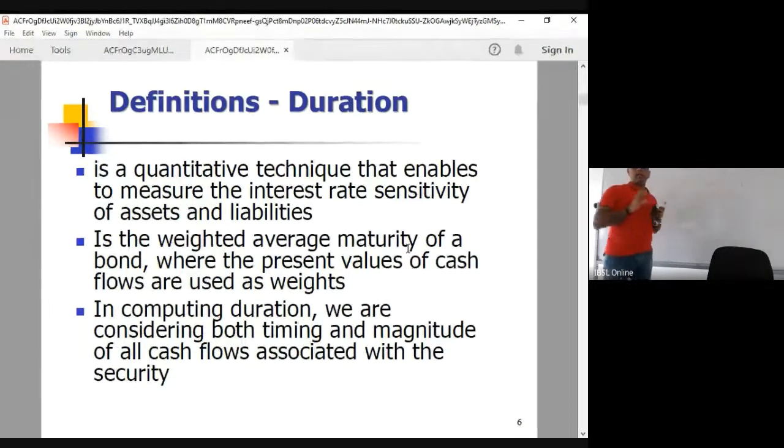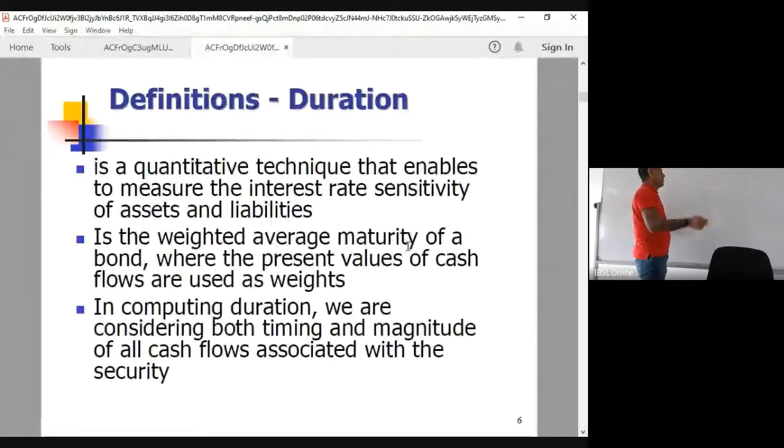When you look at duration, duration is considered the average maturity of something. So if it's a zero coupon, in principle at the end, yes, everything is here, your risk is there. But now your average duration is less in this case because you're getting half of it beforehand. So in computing, we are considering both the timing and how much. In this case, your duration is not 1 year, it will be somewhere in between.